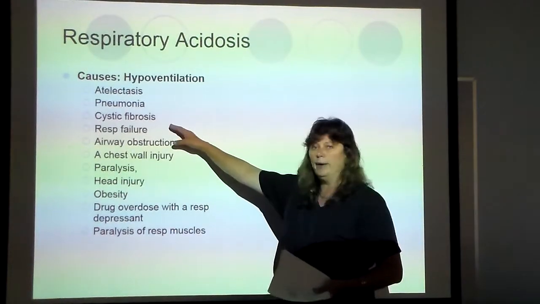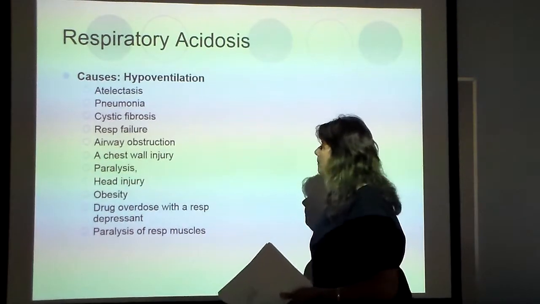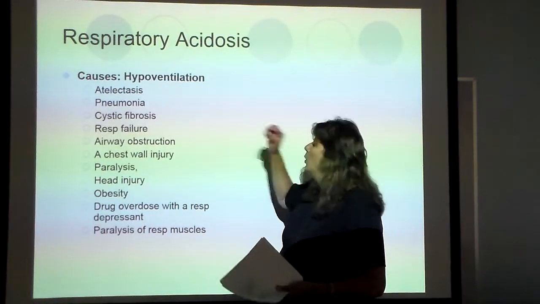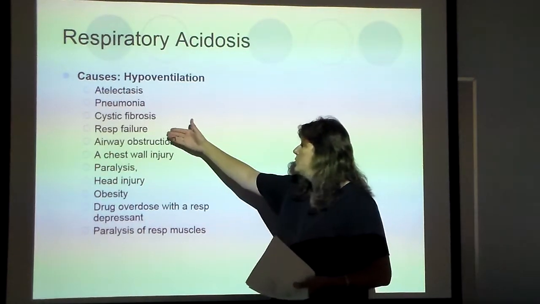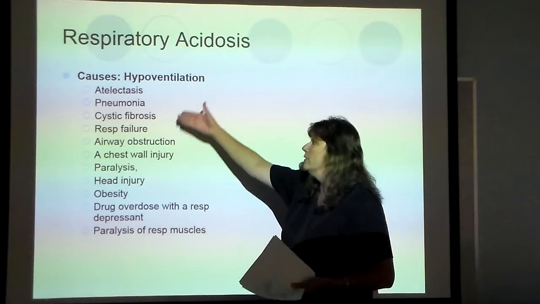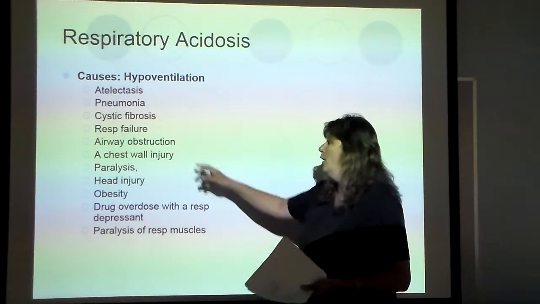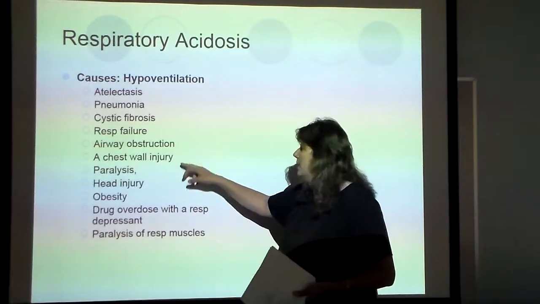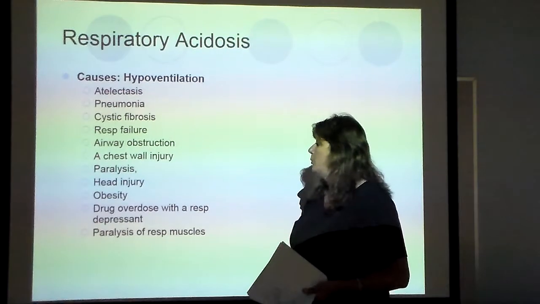We see it with cystic fibrosis, another lung disorder with young people. We see it with respiratory failure, ARDS. Generally, we see respiratory failure with any one of these: atelectasis, pneumonia, cystic fibrosis, airway obstruction, that hot dog, that steak. Chest wall injuries, we see it with paralysis.